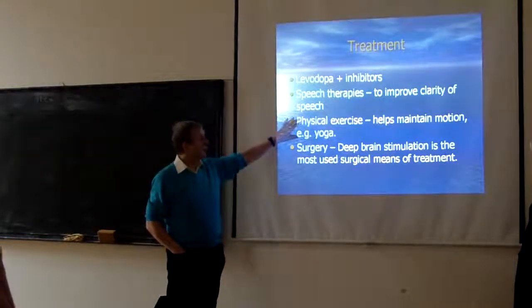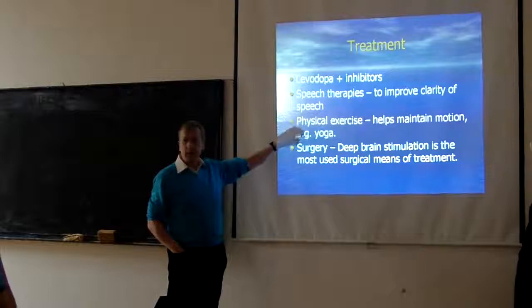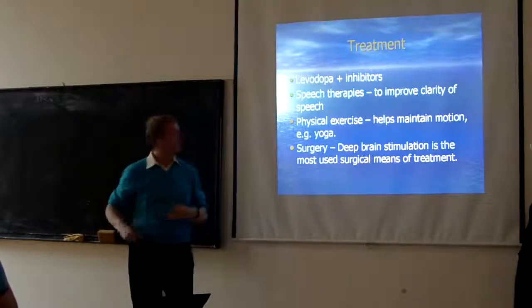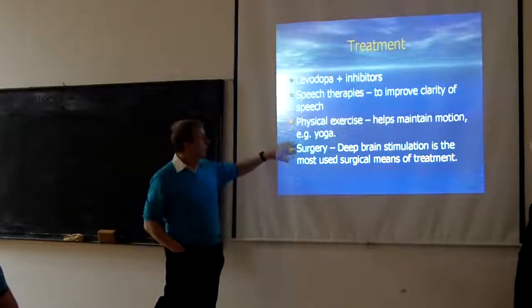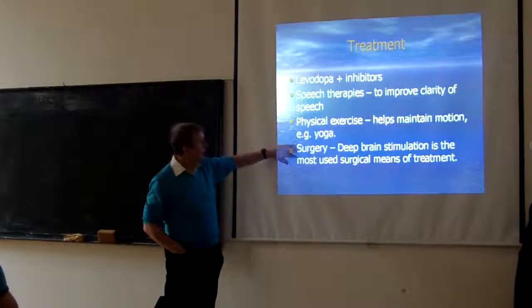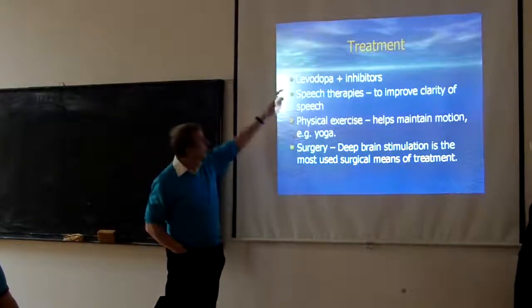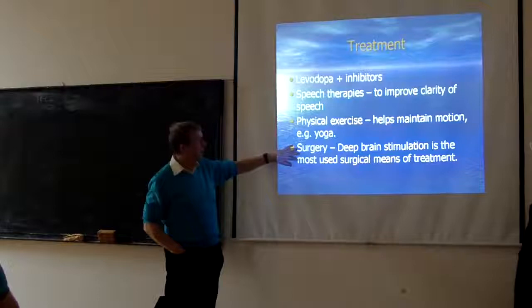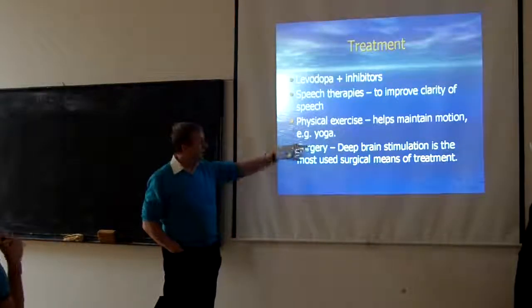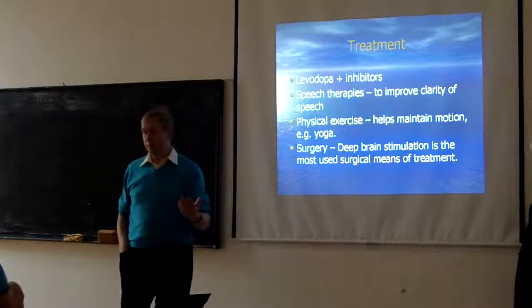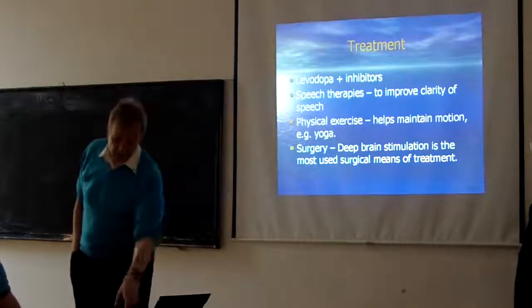Physical exercise of some kind, yoga or swimming, those sort of things. And particularly in the latter stage, when chemicals start to wear off, surgery. Now it's deep brain stimulation, but it didn't used to be.